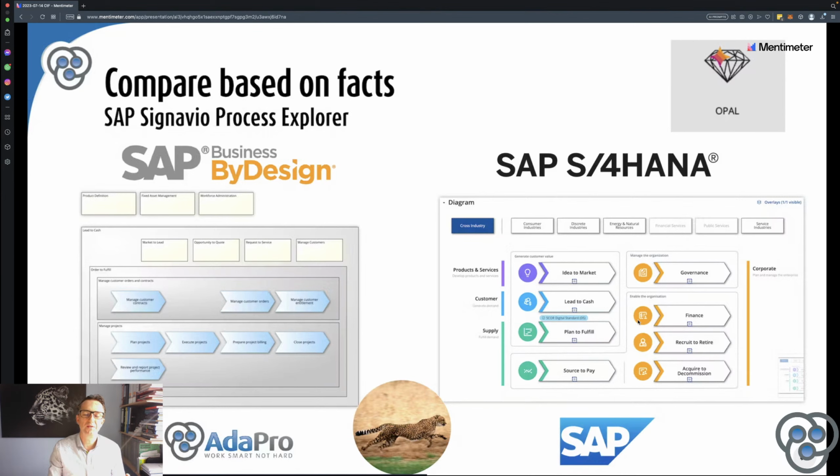And then we can use both of them and compare them. And SAP Signavio is an unrivaled tool for that, but not only the tool, but also the content. Because we as AdaPro, we have this content of SAP Business ByDesign, which nobody else has. So nobody else has this content of Signavio for SAP Business ByDesign. It's only AdaPro. And this is why we, AdaPro, have the unrivaled tooling to do this comparison based on facts.